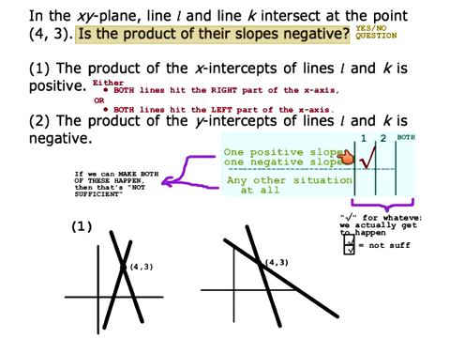So now these lines have two negative slopes. So this is not one positive, one negative anymore. So this just checks off the bottom box. So this is not sufficient for statement 1. Smiley face, if that makes sense.